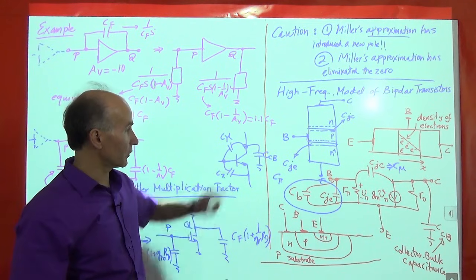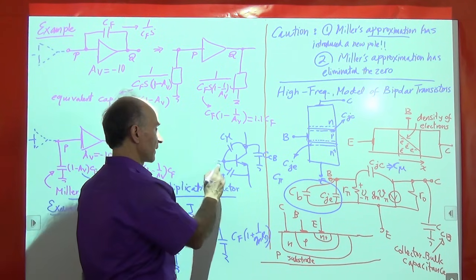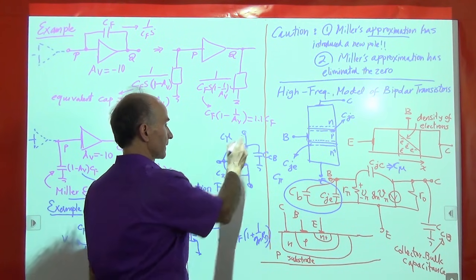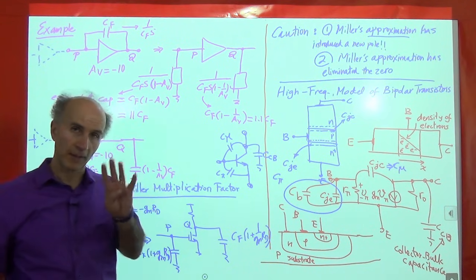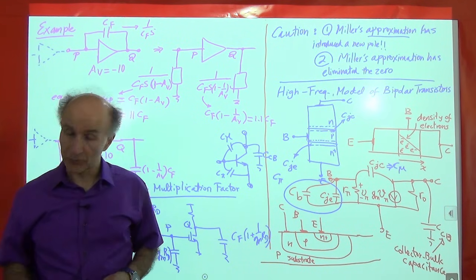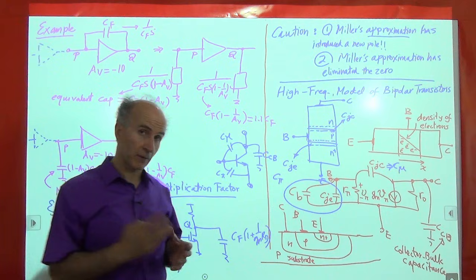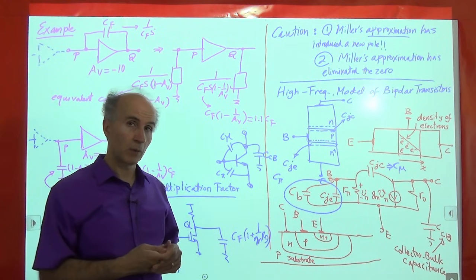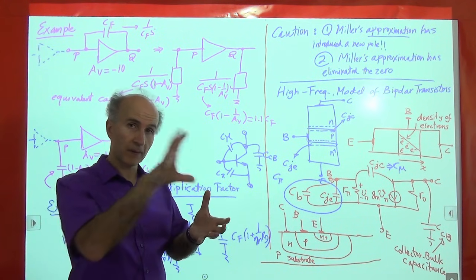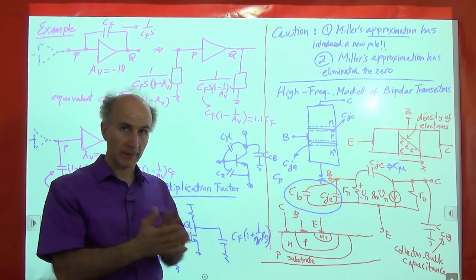That's a good picture to remember for analyzing circuits at high frequencies, with three capacitors. Every bipolar transistor comes with three capacitors, and when analyzing circuits, we have to drop in these capacitors and then see what happens.